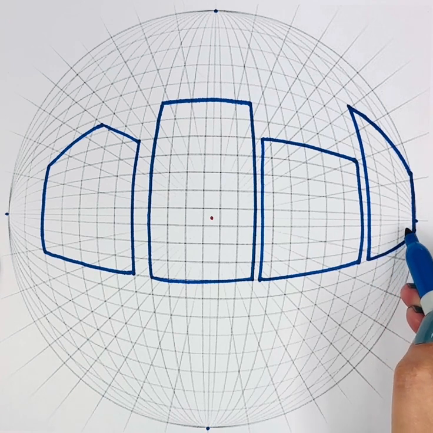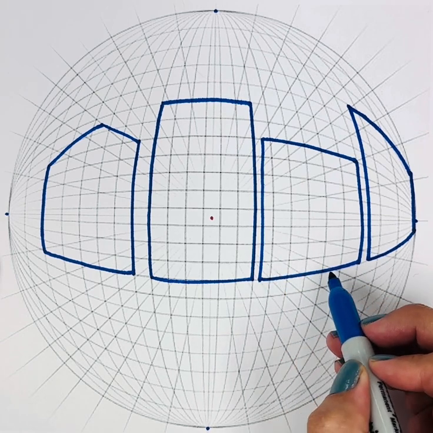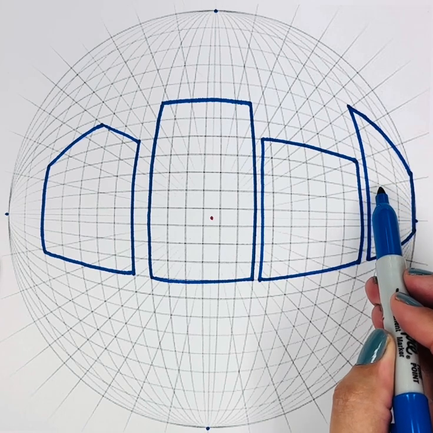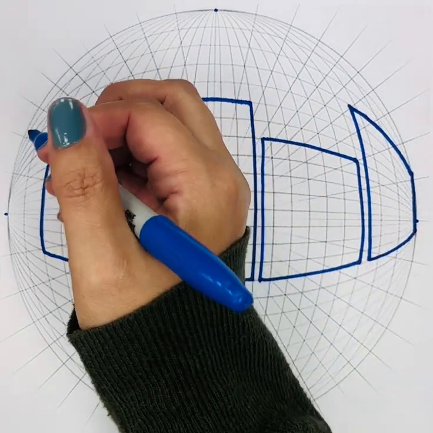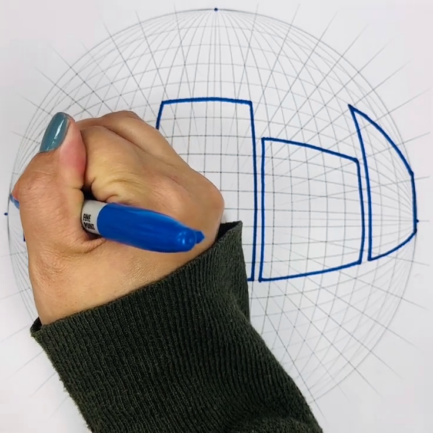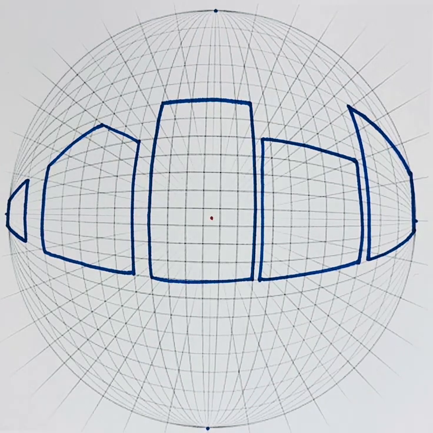So this one's only actually 3 squares wide, where this one is 5.5. So in reality, this would be much smaller than that one. Okay, so I have the front facades of my house.